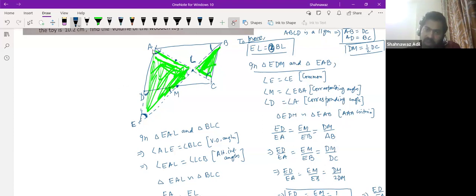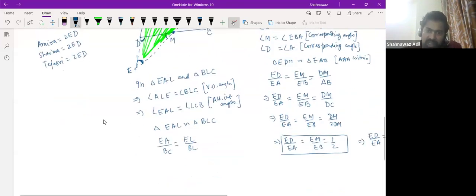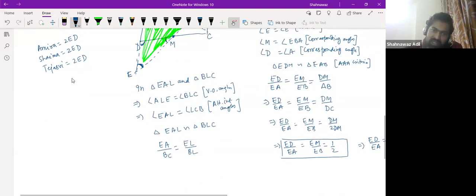Amira is saying AD. What would be helpful, right? Some say ED. Shaima is also saying that we have to write AD. Tejasvi, what is your thought? Okay, so everybody is saying we just write AD.